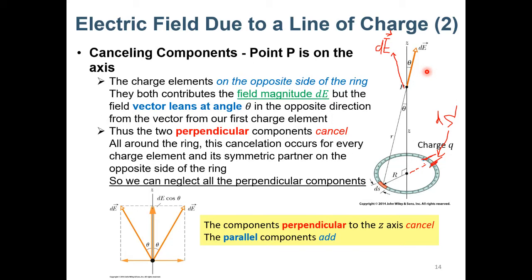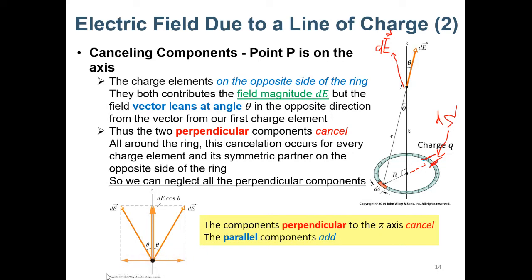For this one, ds2, you can also find ds2 prime, which is symmetric to it with respect to the origin point. So in this case, dE are on the same plane, and for the horizontal component, they will cancel with each other.